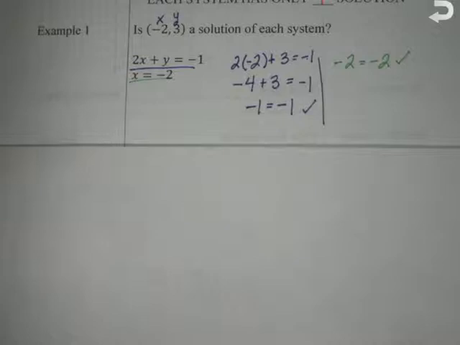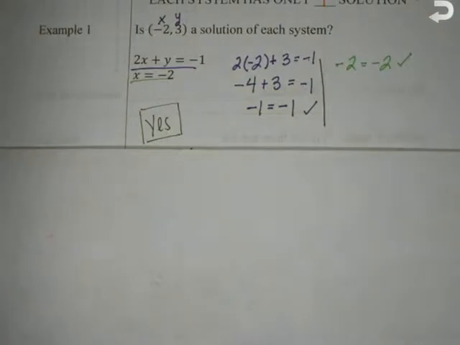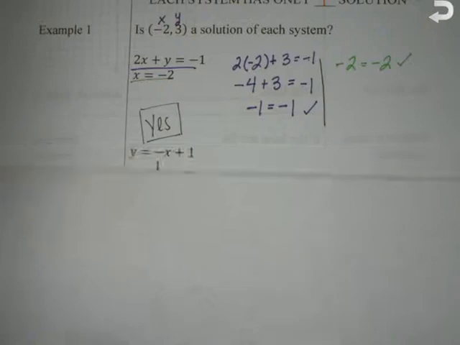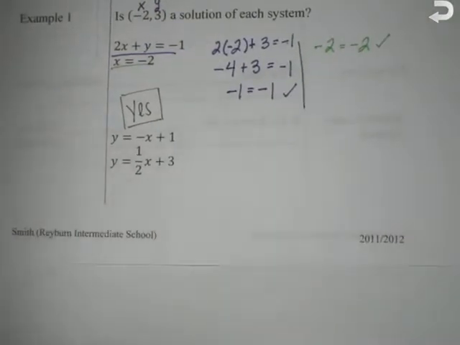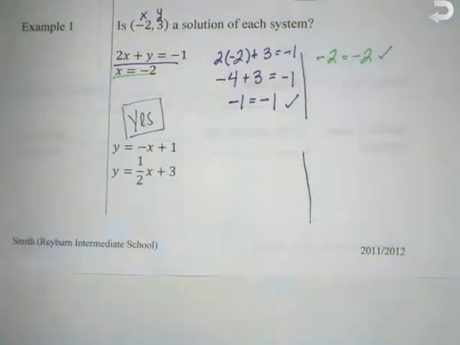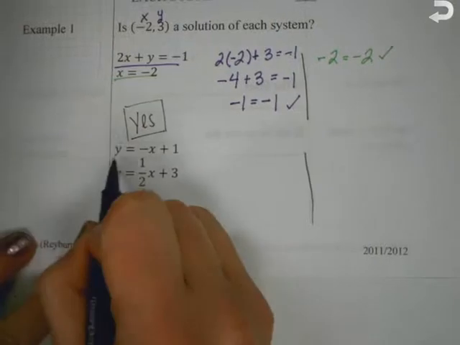But what happens if you get one true and one false? Well, let's do the next one and see what happens. Alright, so the next one is 2 more. We are still checking the point (-2, 3), so the point has not changed. But we have 2 different equations, so let's do the first one. y equals negative x plus 1.